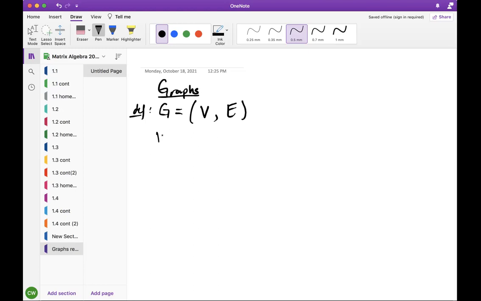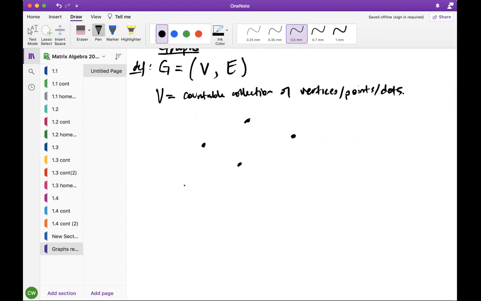So what is the vertex set? It's a countable collection of vertices or points. I even call them dots. So these are just points in the plane, you can think of it.